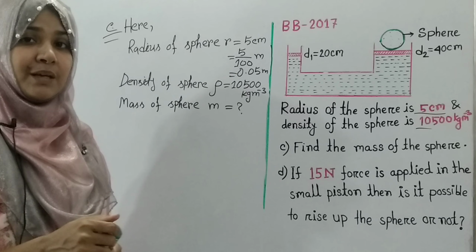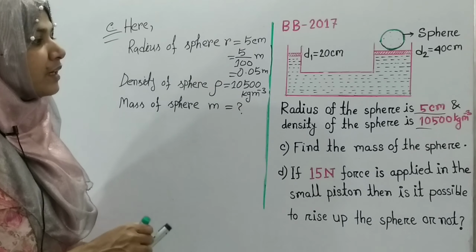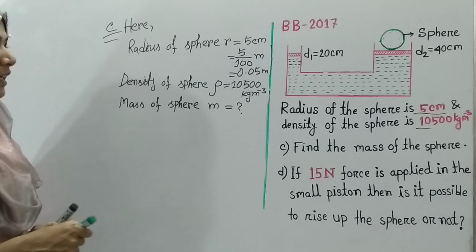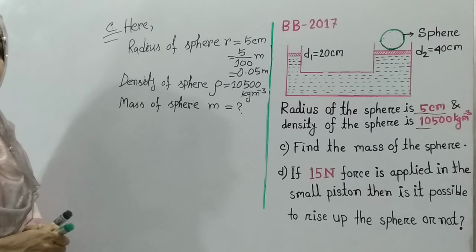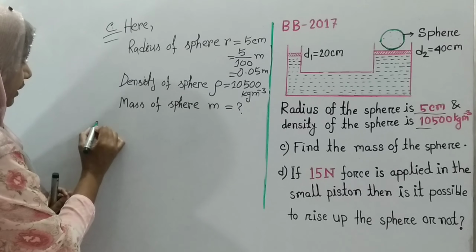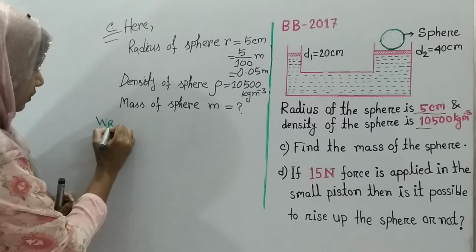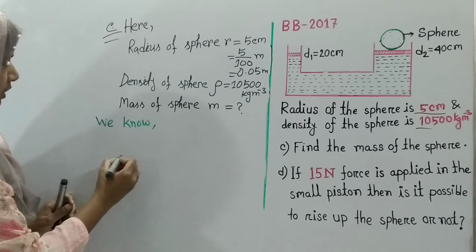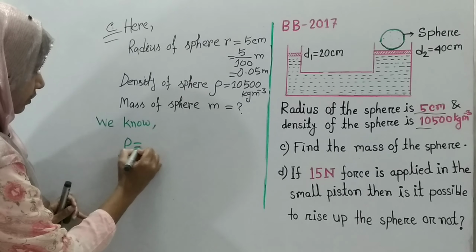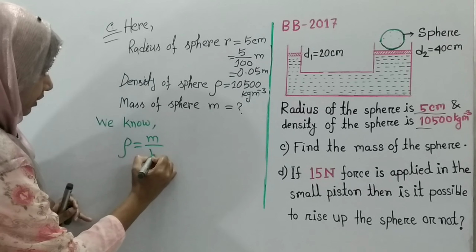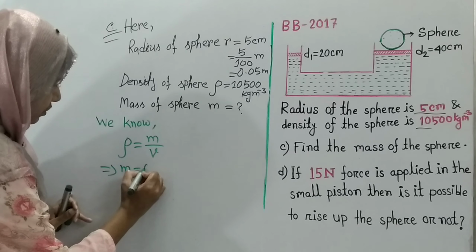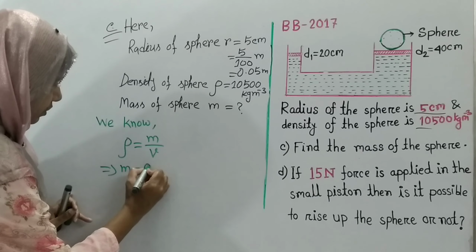Before calculating the mass, we need to calculate the volume of the sphere, because we know the formula to identify the mass: rho equals m by v, that means m equals rho v.